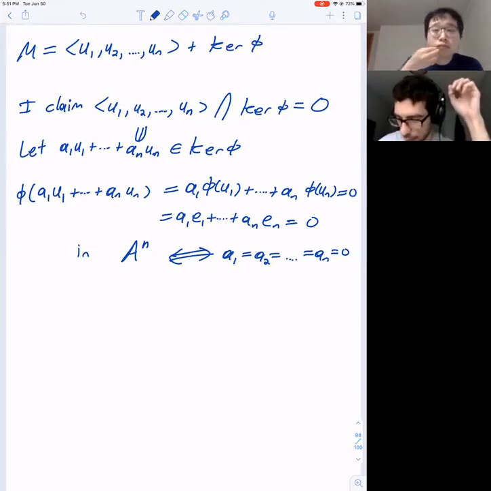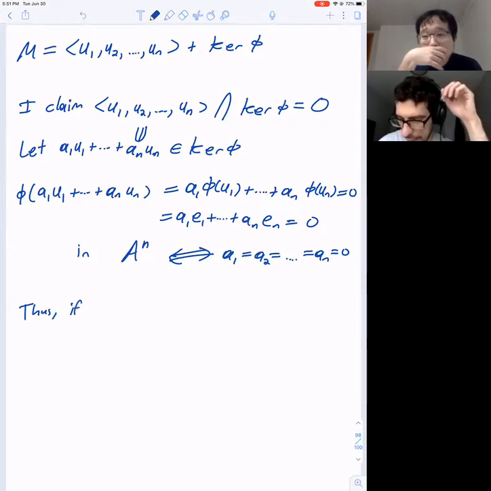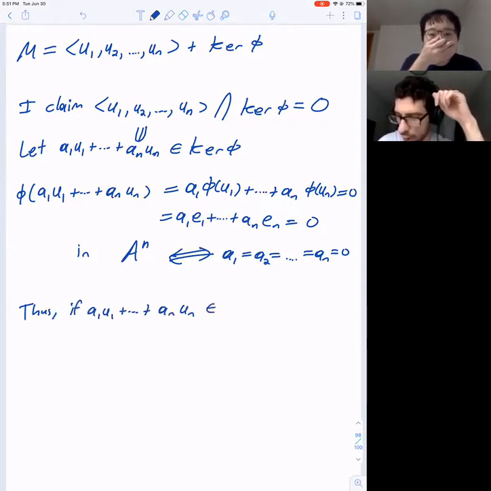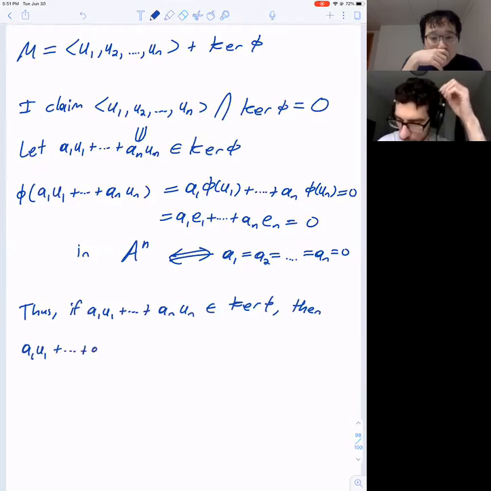That means that, if what I said before was true, this element is precisely 0. Great.